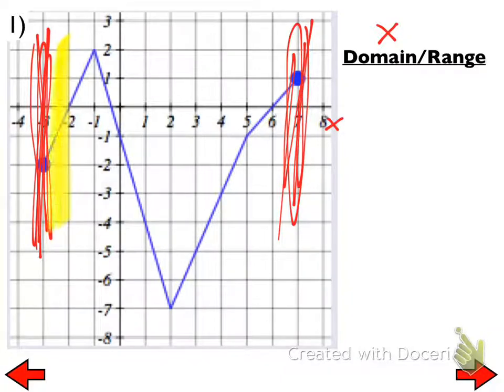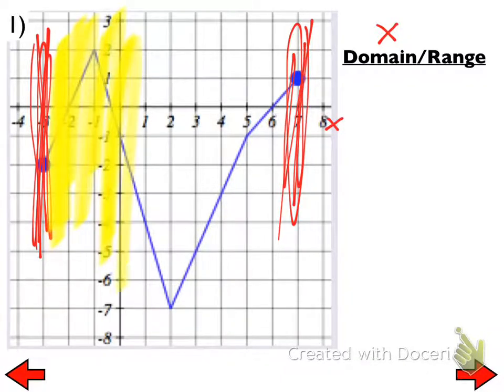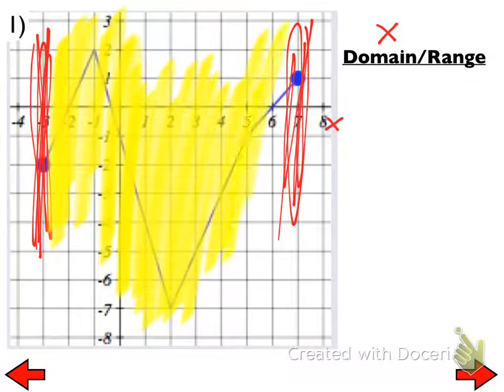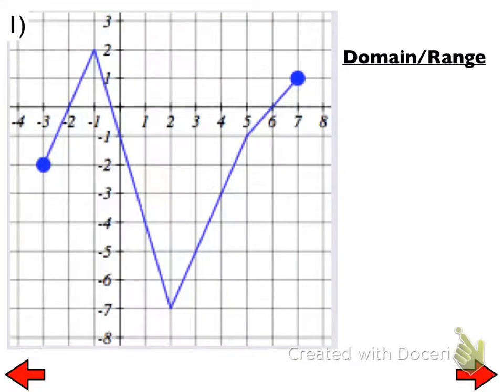So I'm scanning from left to right, and that graph is everywhere in between those 2 points. It's everywhere from this point to this point. So that means that the domain would be from, going left to right, from -3 to +7.